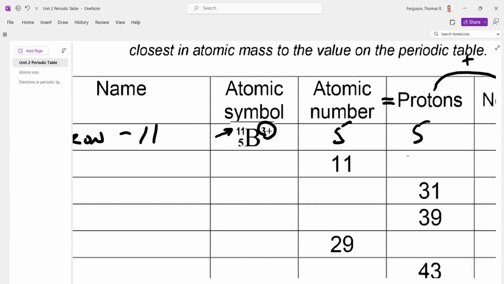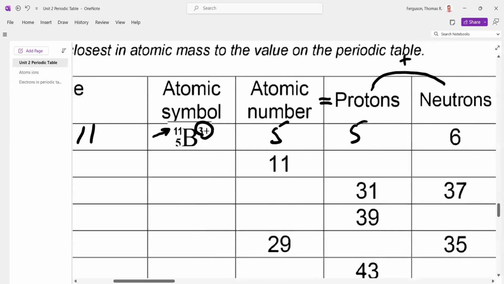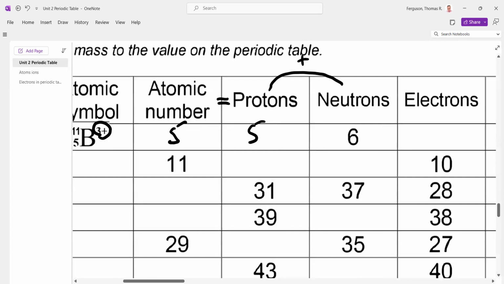So that means our electrons are going to be 3 less than 5, so that means it's going to be 2 electrons. The electrons are the only thing you can change, never the protons, because once you change the protons, this is no longer boron.